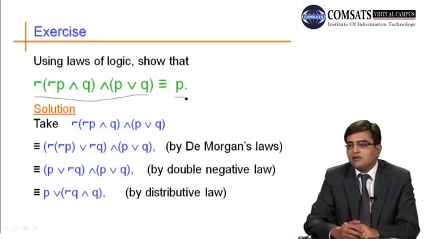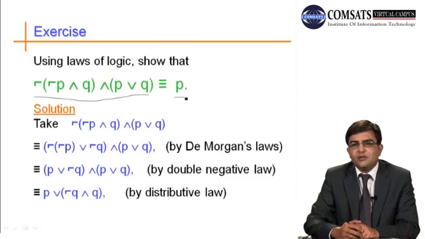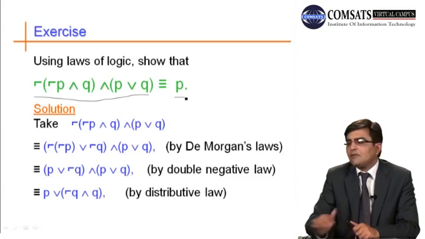The first, which we have studied, is using truth tables. The second method is to use rules of logic to prove whether two compound propositions are logically equivalent or not.